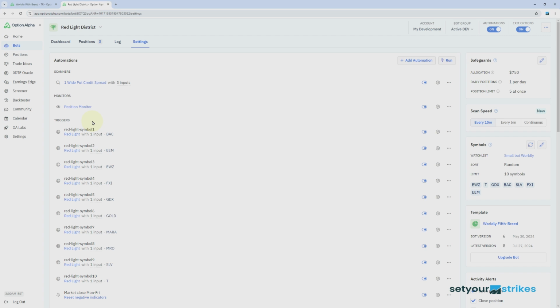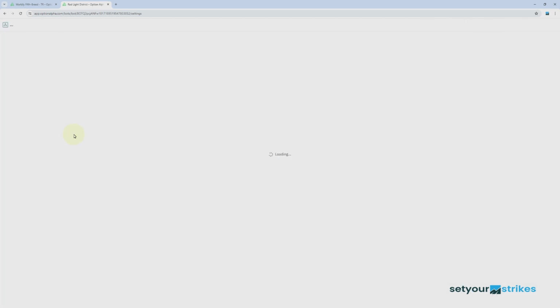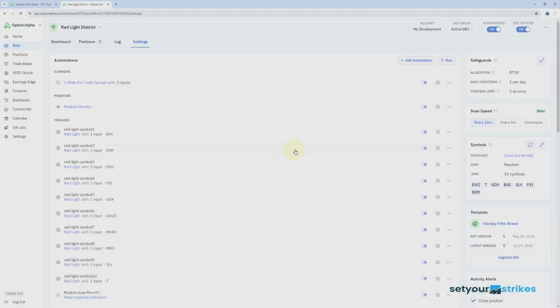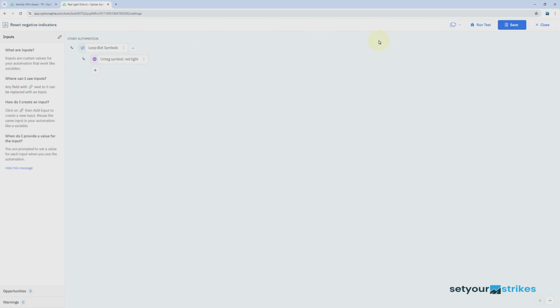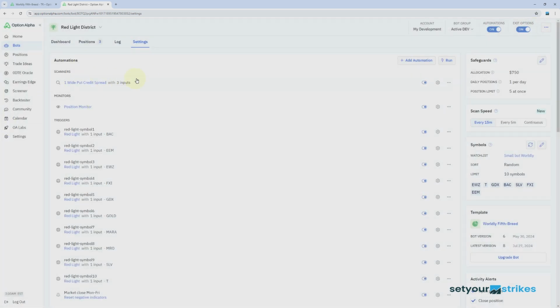You can see here we've just added one additional automation for the webhook, and another automation to reset the indicators at the end of the day. So really just two new automations, and you can see how simple they are. We're just attaching a tag to the symbol and resetting those tags at the end of the day. And of course, that tag will be used in our decision logic to enter trades.